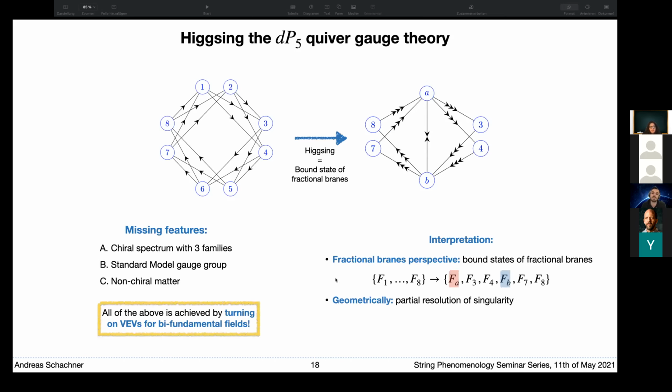And this has a nice interpretation in terms of fractional branes, by building bound states of fractional branes, condensing some of the nodes in the original quiver into new nodes in the Higgs quiver diagram. And geometrically speaking, this corresponds to partial resolution of the singularity.